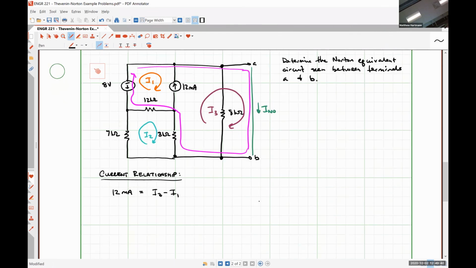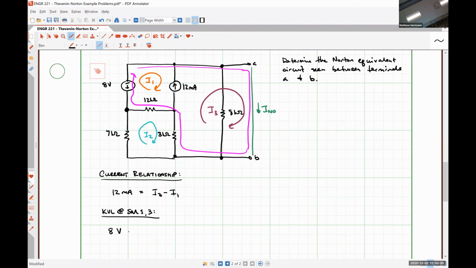All right, now let's do our super mesh. So this is KVL at super mesh 1, 3. Let's start from here and follow the purple path around. So what do we see? Positive 8 volts because we see the positive polarity terminal first.